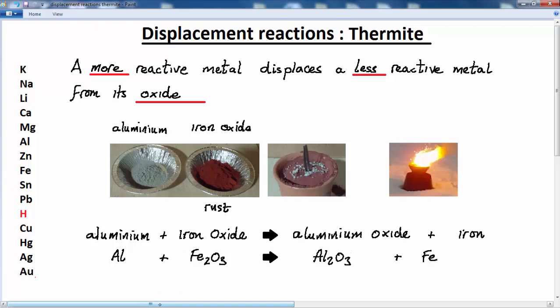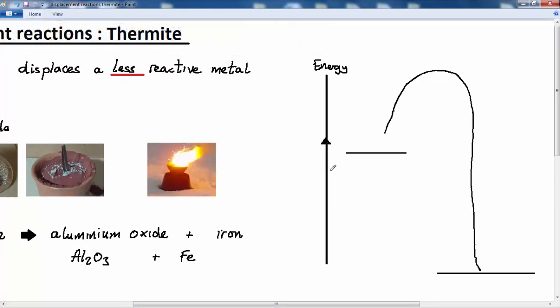What is interesting to do here is to have a look at what is called the energy level diagram for this reaction. So we've got the reactants here, which are aluminium plus Fe2O3, and the products, aluminium oxide plus iron.